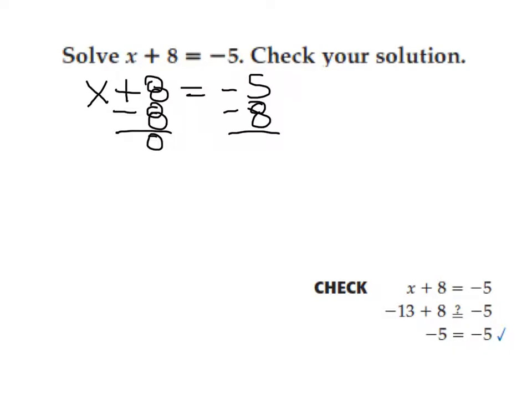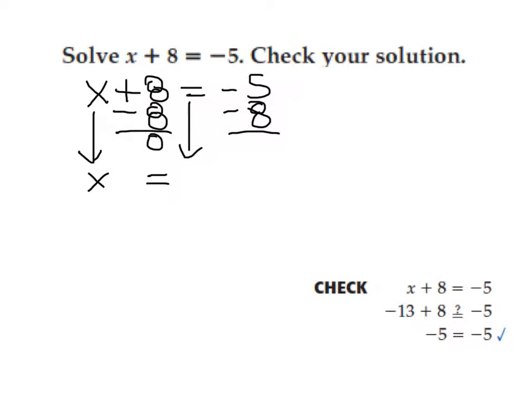Let's bring down the x. Very important that we bring down the equal sign. We don't have to add the 0 to the x because the 0 property, or the identity I should say, says that it doesn't change it.